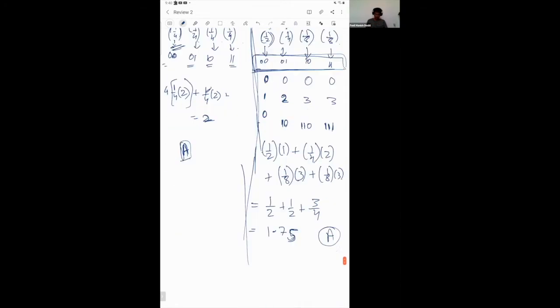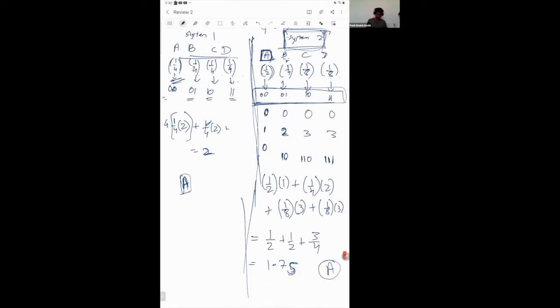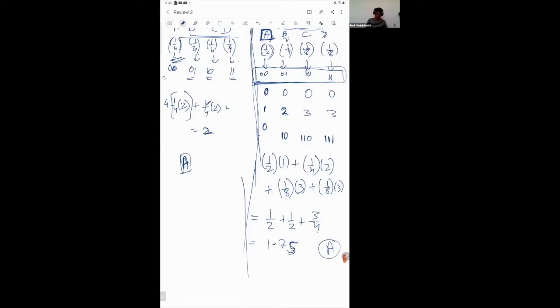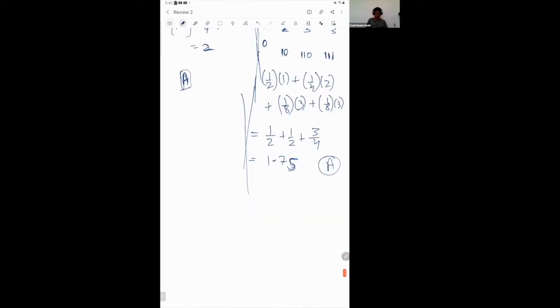So if you see what we are doing here, simply, if the probability of an event is p of x, then what we need is log of 1 by p of x bits to encode it.